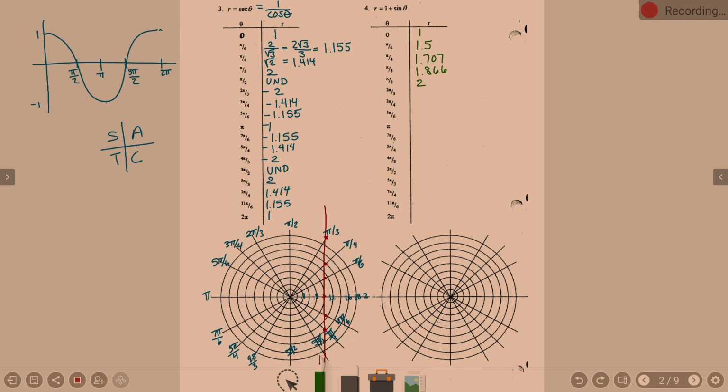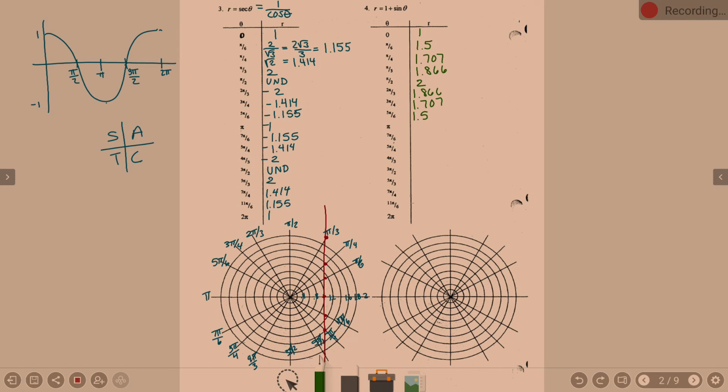We're still adding positive numbers, right? Because in quadrant 2, we're still in positives. So we're adding 1 plus the square root of 3 over 2. So we still have the 1.866, 1.707, and 1.5.